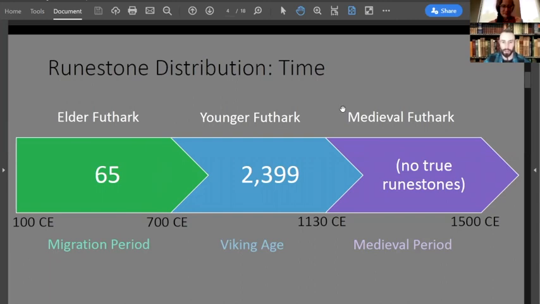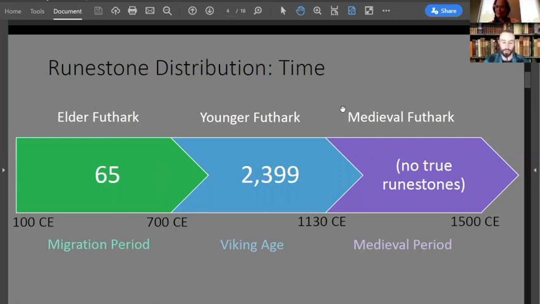Then in the Younger Futhark, during the Viking Age, we have 2,399 runestones. So it's just kind of an explosion of runestones. Those are raised until about 1130, and then they kind of fall out of fashion, and we don't see them anymore.